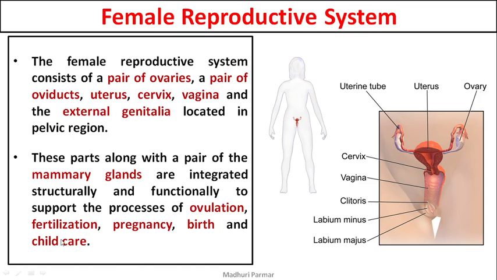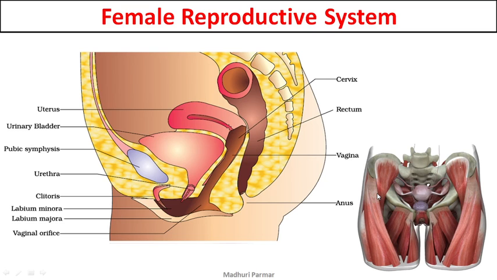Sperm plus ovum is equal to zygote. That is, in short, the fertilization. Then pregnancy, birth, and child care, which is when the child grows up to 6 months or at least 1 year of age. So all of these processes are supported structurally as well as functionally by all of these organs in the female reproductive system.